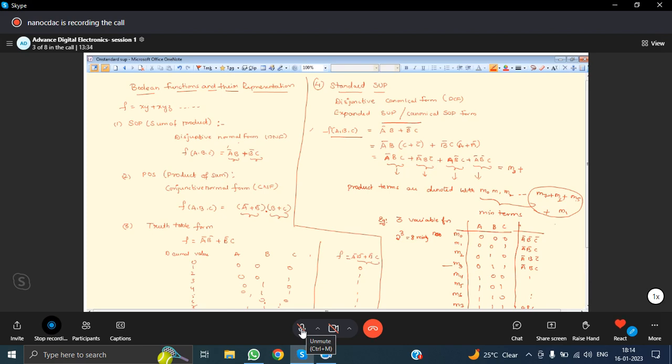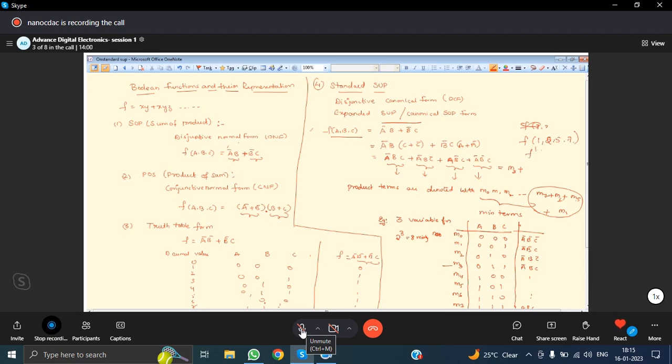This is called a standard SOP form. Now if I ask you to write this, this is called F. This is a function you are representing as F. This is 7, sorry. It is 1, 2, 5 and 7.